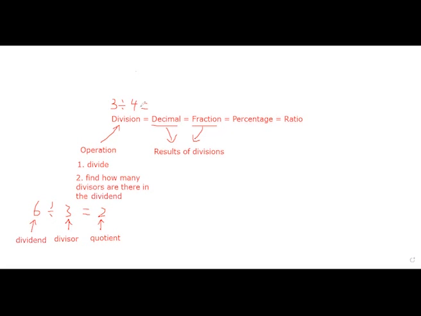For decimal, it's 0.75, right? Or 75 hundredths, okay? Or we can just write it as the fraction, converted directly from the division, which is 3 over 4. Good. So these two are the results of divisions.